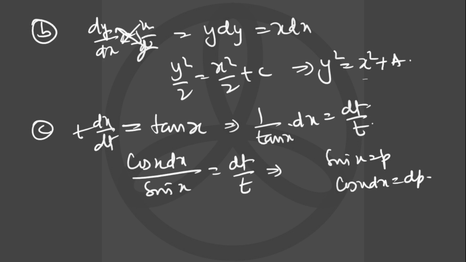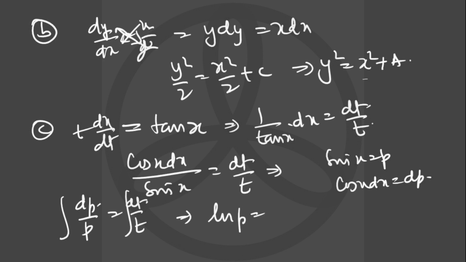So we can write dp/p here and dt/t here, and both of them when integrated will give ln p = ln t + ln a.